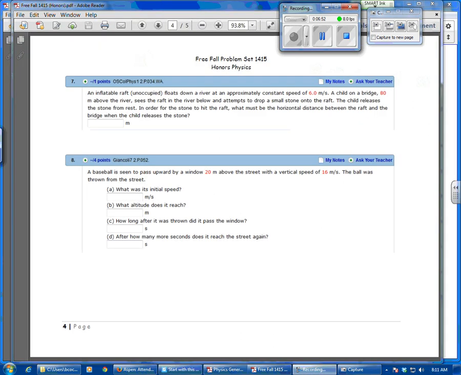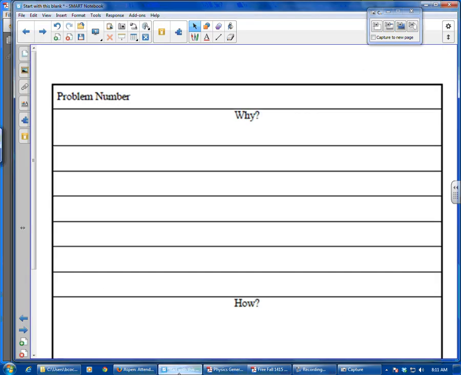All right, so let's look at number 8 here. A baseball seemed to pass upwards by a window 20 meters above the street with a vertical speed of 16 meters per second. The ball was thrown from the street. That's its initial speed. What's something we know about the ball right away? It's in free fall.